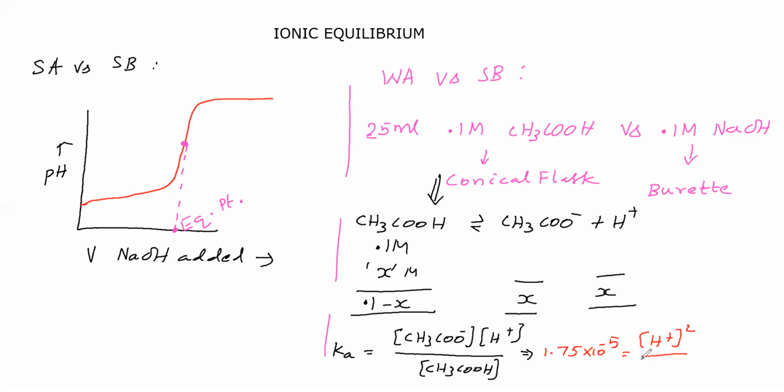Then divided by acetic acid, 0.1 minus X; we will neglect X and take it as 0.1. So we are calculating the concentration of H plus. The concentration of H plus comes out to be 1.32 into 10 power minus 3 molar.